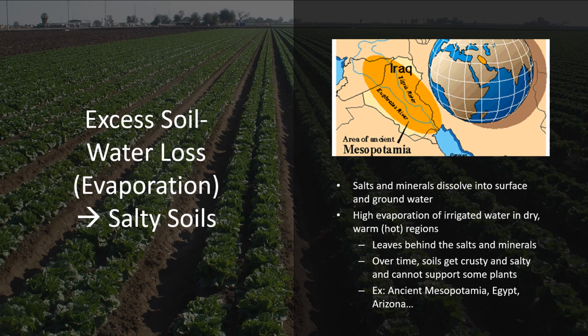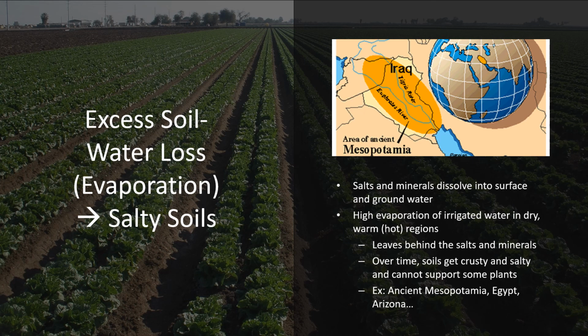When the water evaporates, it leaves behind the salts and minerals that were dissolved in the water, and this can cause soils to get salty to the point that new plants can't grow. And this happened in the first human agricultural society in ancient Mesopotamia, which is often referred to as the Fertile Crescent region.